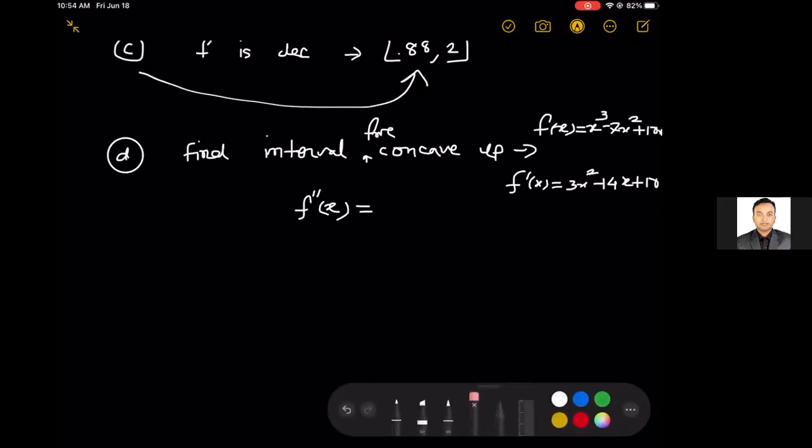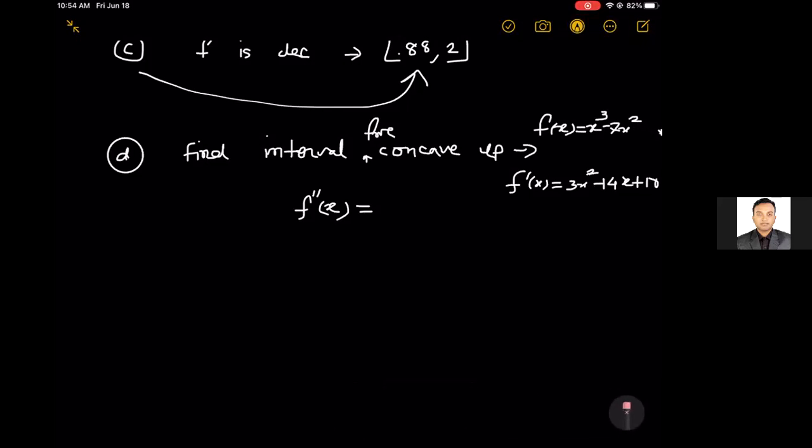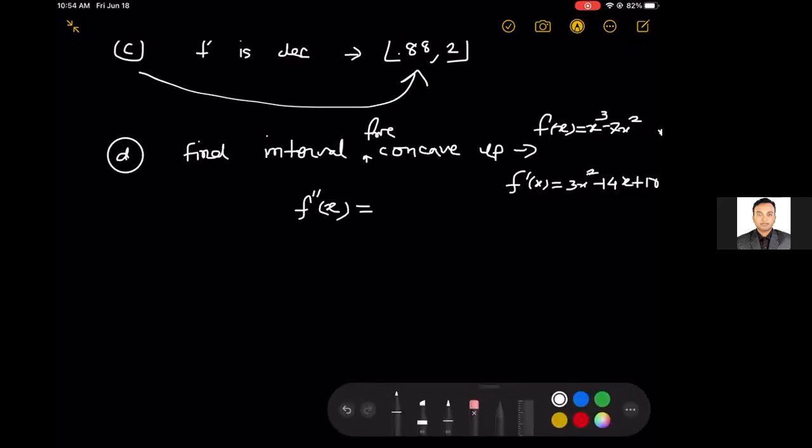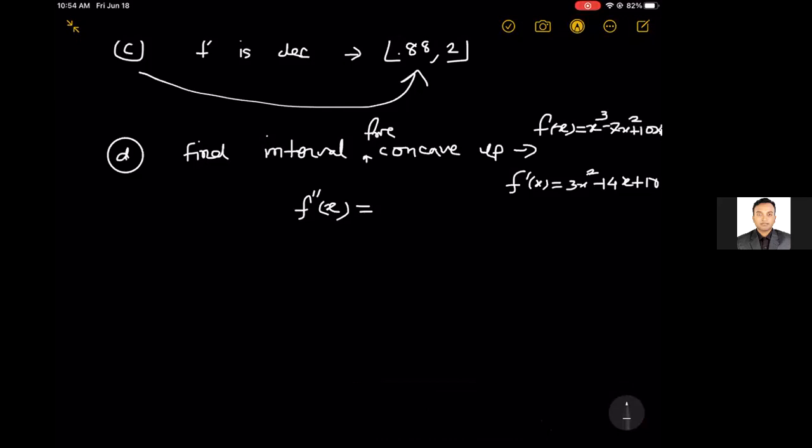What should you do now? What's the second derivative? It'd be 6x minus 14. Okay, so for 3x squared, we can write 6x. For 14x, it's negative 14. So our second derivative is 6x minus 14, right?